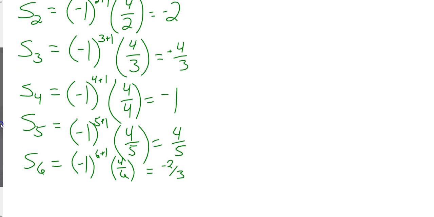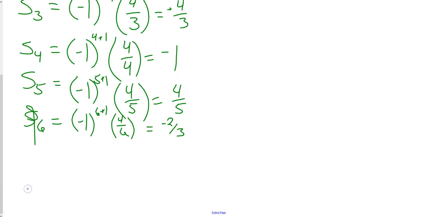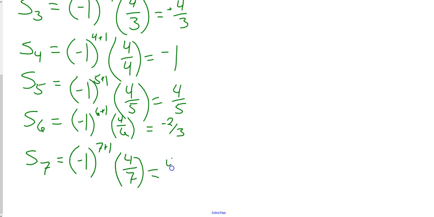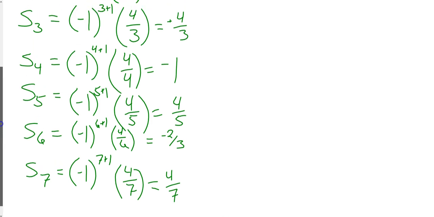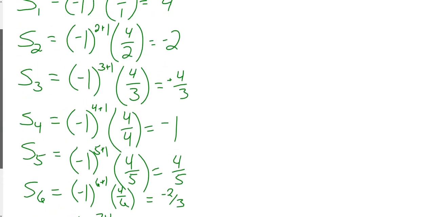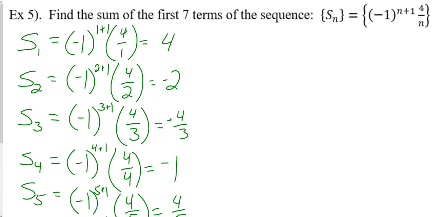Okay, so now we need to find the 7th term, since it said to add the first 7 terms. So -1 to the power of 7 plus 1, that would be positive, times 4/7 is just 4/7. So now I need to add those first 7 terms together, because that's what it wanted me to do, is find the sum of them.